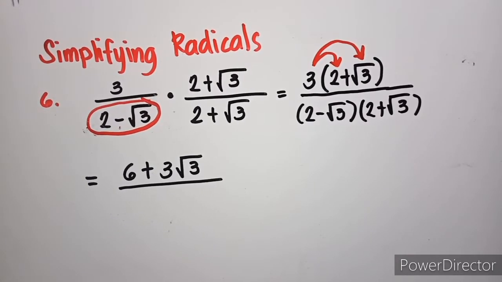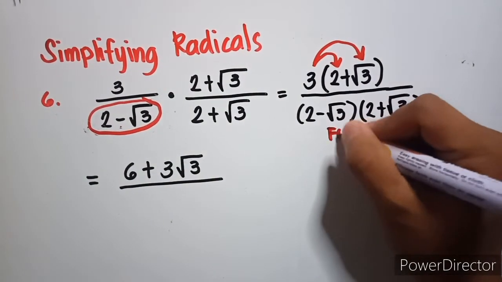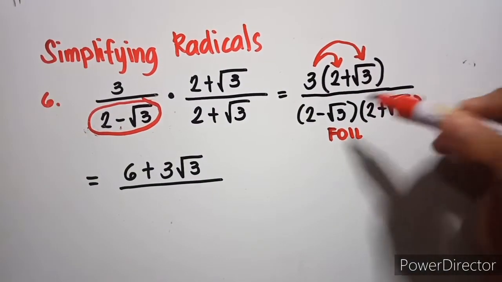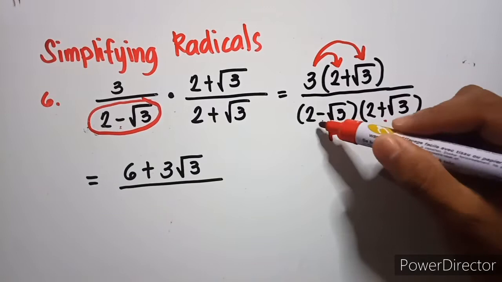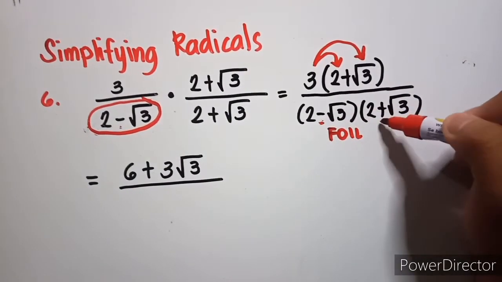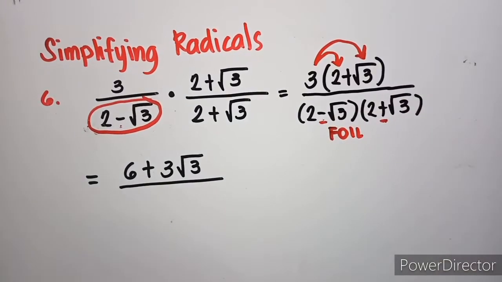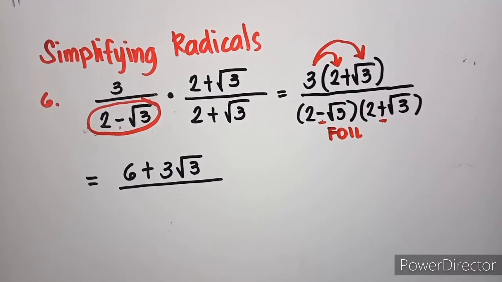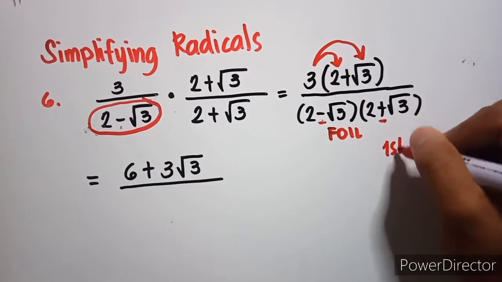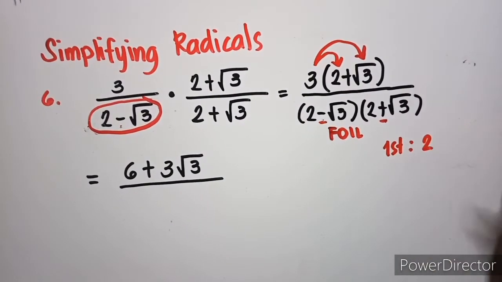So, ang gagamitin natin dito ay FOIL method. Kaso, since siya ay sum and difference, ang ating shortcut dito, ang gagawin nyo na lamang ay get the first term. So, inyong first term ay 2.